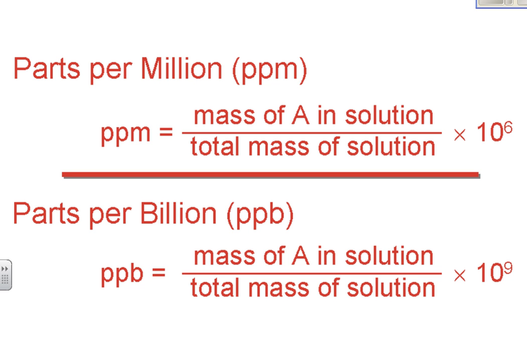So it's similar to the concentration units, where you have the mass of the solute divided by the total mass of the solution, but instead of multiplying times 100, parts per million has you multiplying by 1,000,000, parts per billion multiplying by 1,000,000,000.